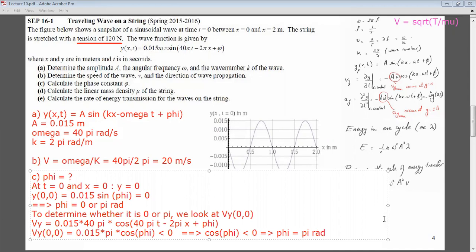Part D, find the linear mass density mu.